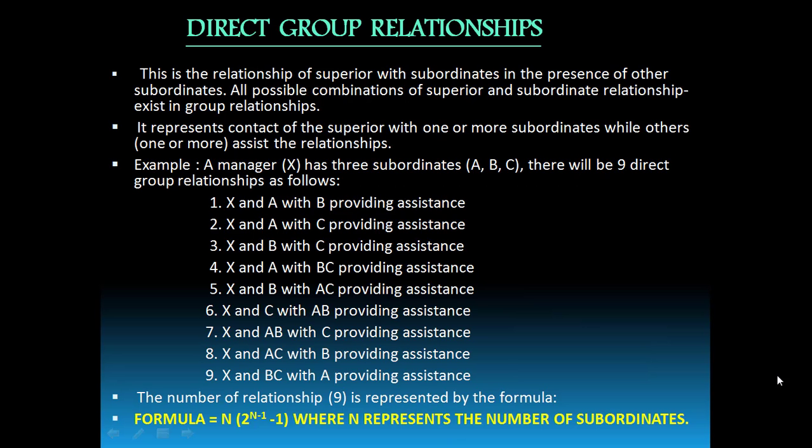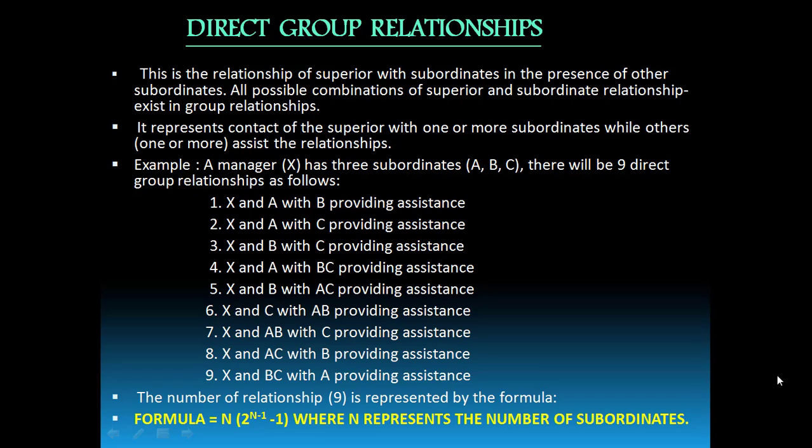Now the second is direct group relationship. Direct group relationship means the relationships of a superior with subordinates in the presence of other subordinates also. So all the possible combinations of superior-subordinate relationship exist in group relationships. The direct group relationship represents contact of the superior with 1 or more subordinates while the others assist in the relationship.